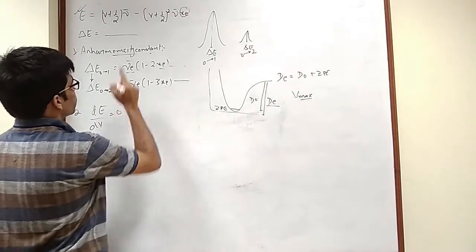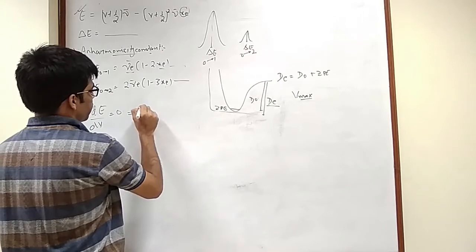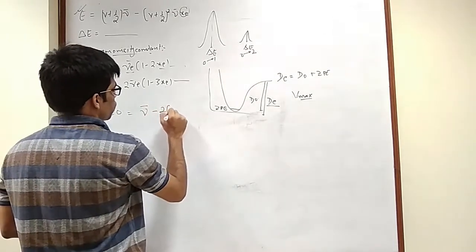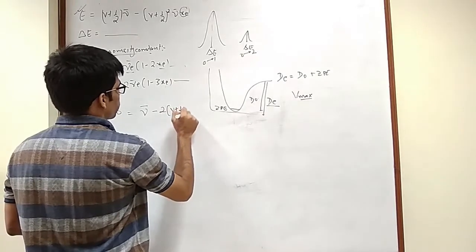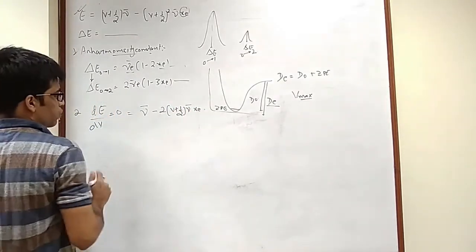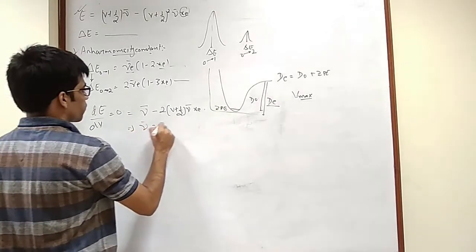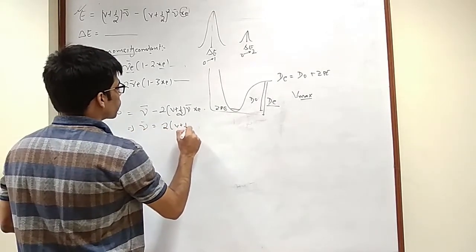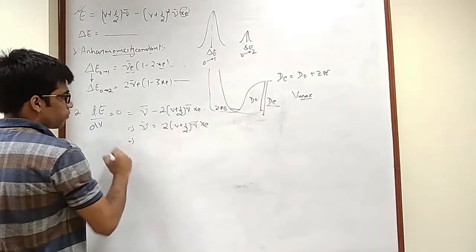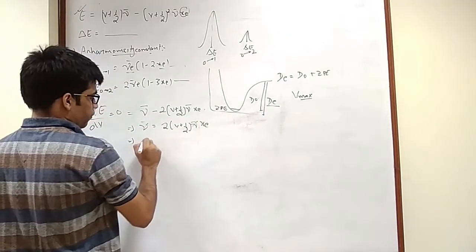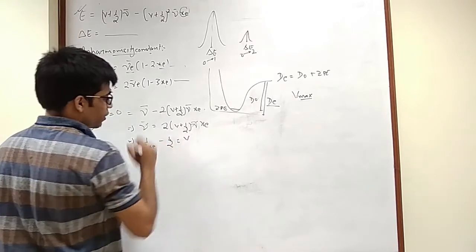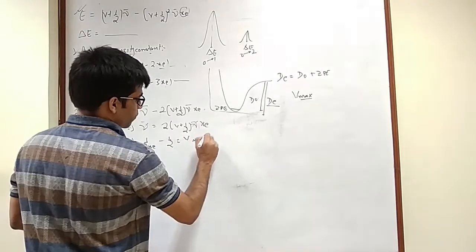If I do the derivative, I would get mu bar minus 2 V mu bar xe plus half mu bar xe. Now this is equal to 0. This would mean these get cancelled, and I will get V equals 1 by 2xe minus half. Now this V is the V max.